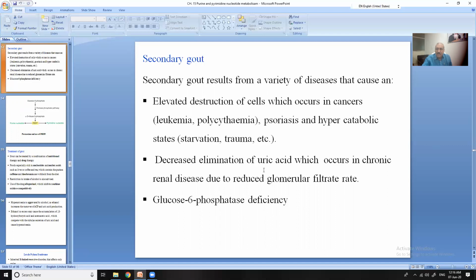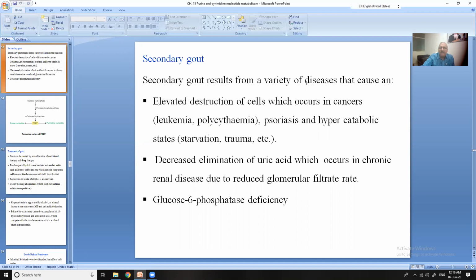And decreased elimination of uric acid, which occurs in chronic renal disease due to reduced glomerular filtration rate and glucose 6-phosphate deficiency. Okay, so these are the causes of secondary gout.